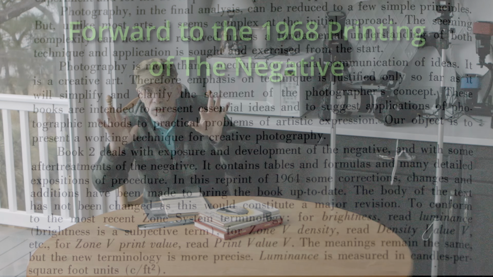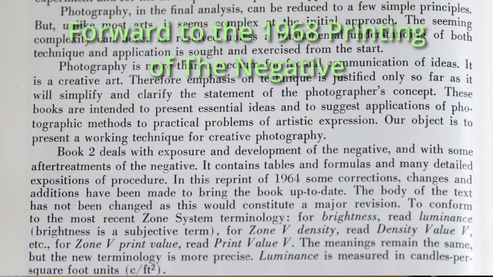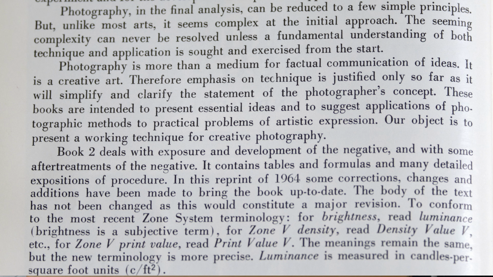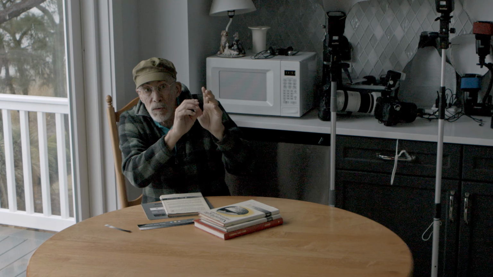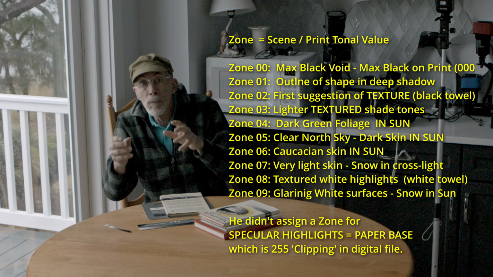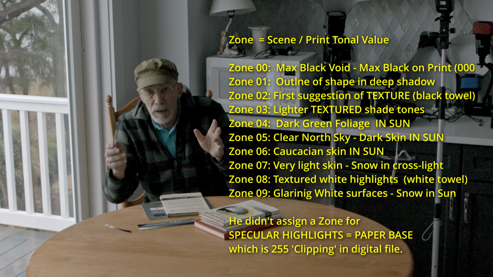He divided it into 10 even slices, and those 10 even slices weren't f-stops, they were narrative definitions of scene content that you would look for in the original scene and reproduce on the print.